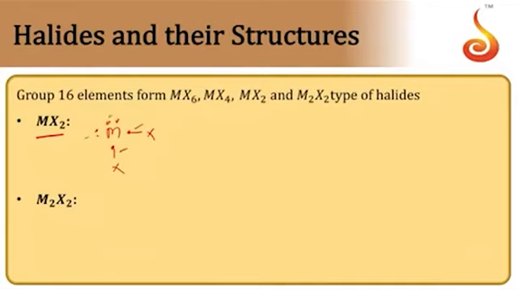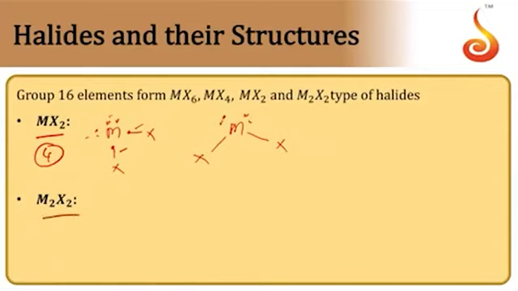Total number of pairs comes to 4 in this case, which means sp3 hybridization. So the molecule is bent shaped, with M, X and X and 2 lone pairs, something like the H2O structure. So we have a bent shaped molecule.